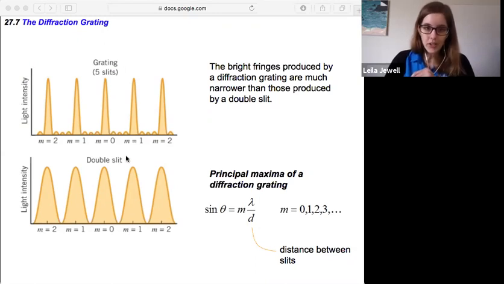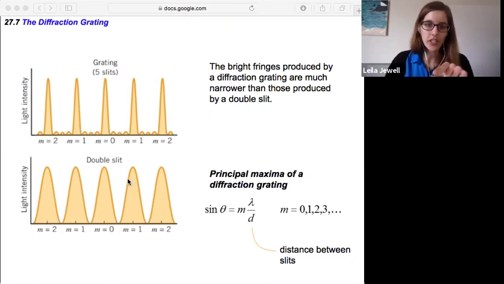The thing to notice first is that the fringes produced in the diffraction grating are much narrower. There's a much smaller angle over which there's constructive interference, and it drops off fast otherwise. There's 5 slits. When there's only 2 slits, it doesn't drop off as fast, so the bright fringe is wider.